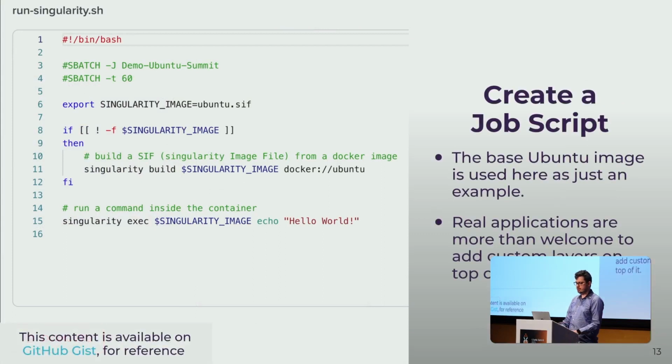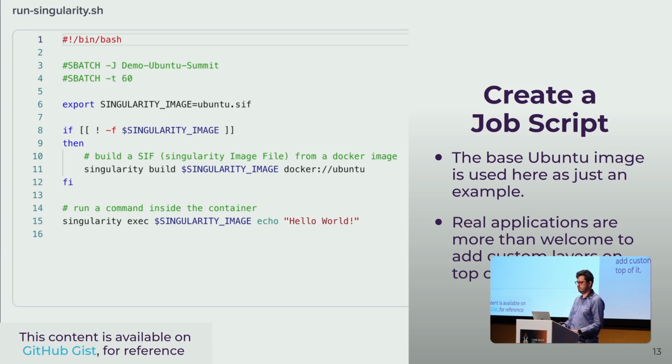The file we are using in this demo is this bash script. As you can see, we can set some batch parameters up there to control how Slurm will treat and allocate resources for this job. There on line 11, we are building the Singularity image file from Docker. We have some logic to cache it locally, so we don't need to build it every time we run the job.